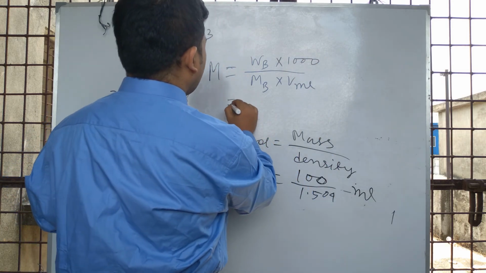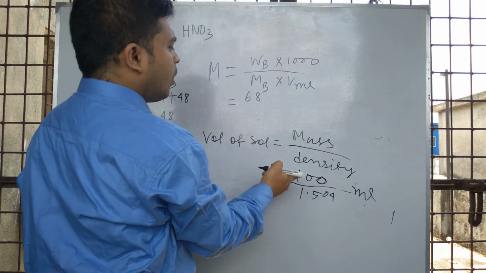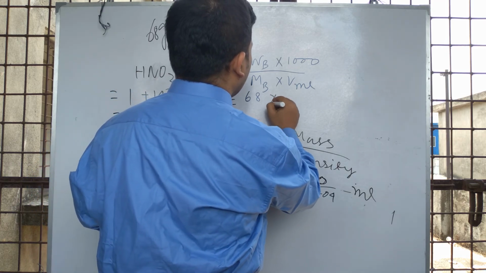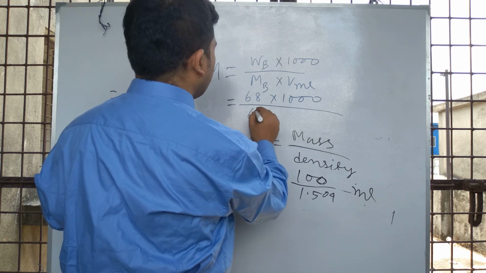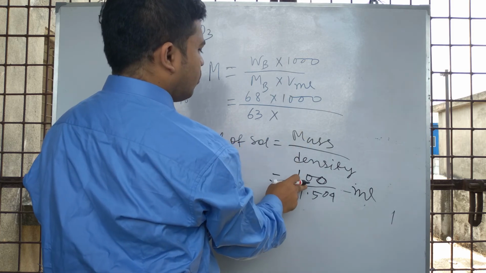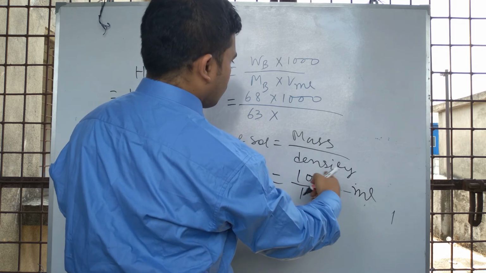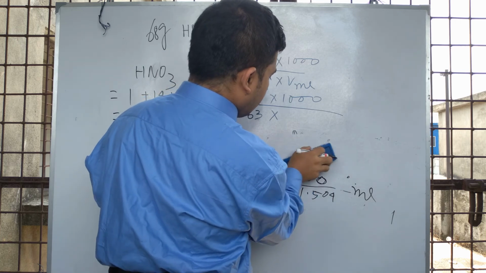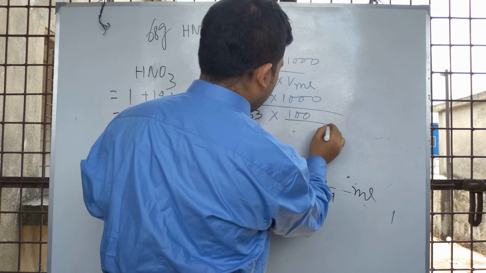So our Wb is 68 gram. 68 gram of nitric acid is present in 100 gram of nitric acid solution, into 1000, divided by the molecular weight of nitric acid, that is 63 gram, and the volume of nitric acid solution in ml is this one, 100 by 1.504.